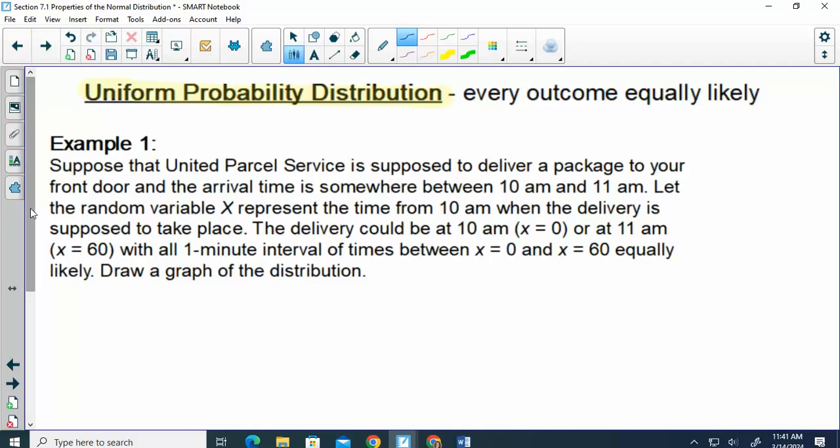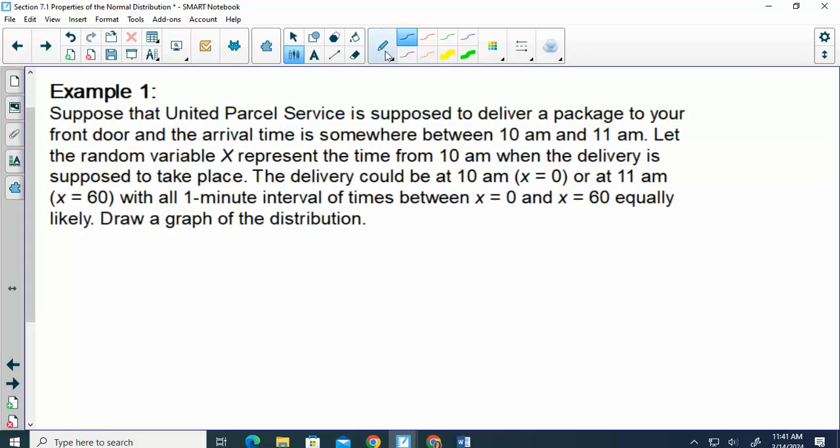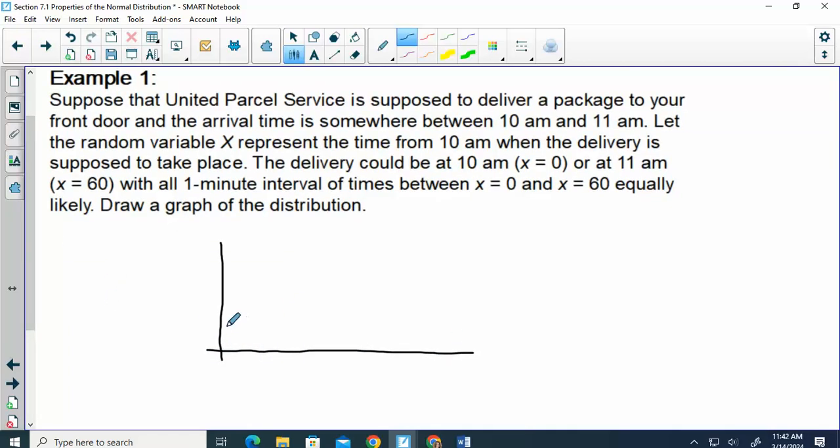Draw a graph of the distribution. Okay, so we've drawn some graphs before, and we were drawing like lines or dots on it before, but this one, it's continuous, because we could agree between 10 a.m. and 11 a.m., anywhere in there, it's continuous. So we are going to connect it.